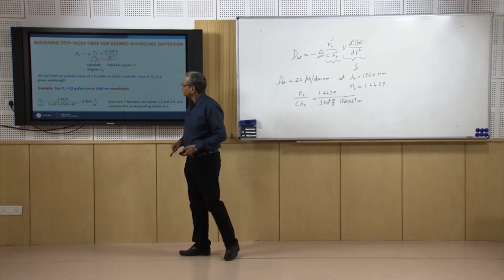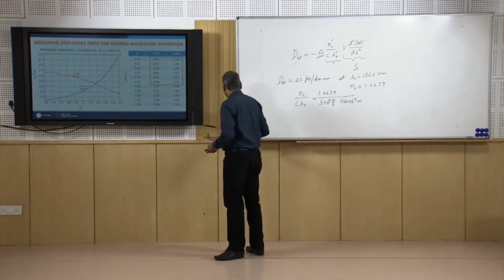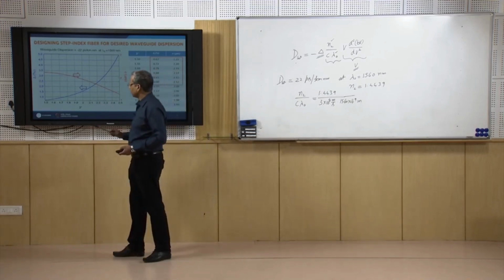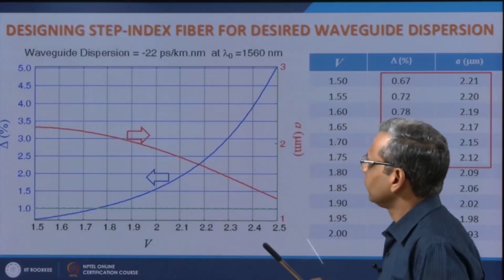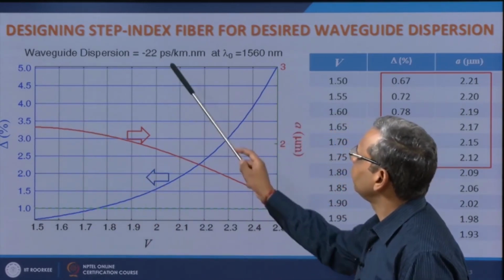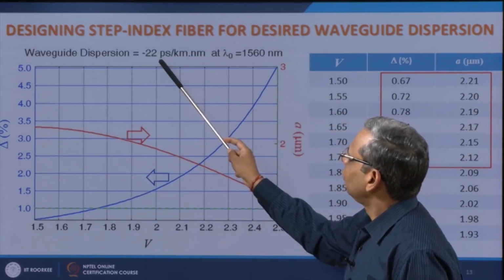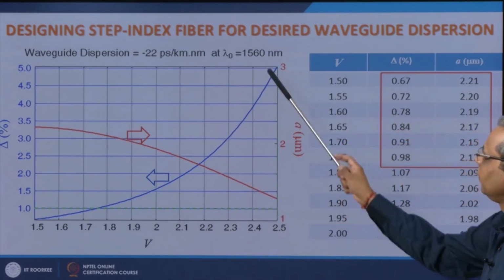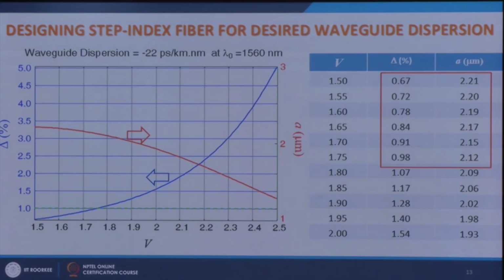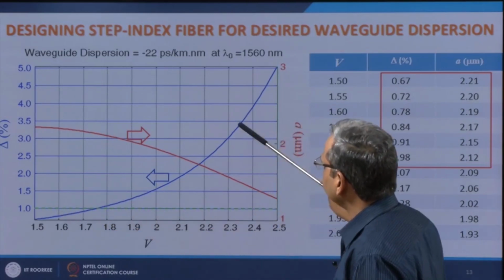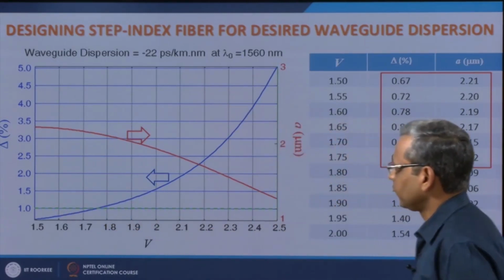So, I do that and I plot it as a function of V. So, what values of delta will give me waveguide dispersion of minus 22 picoseconds per kilometer nanometer at lambda naught equal to 1560 nanometer? This is how delta varies with V in order to obtain this value.